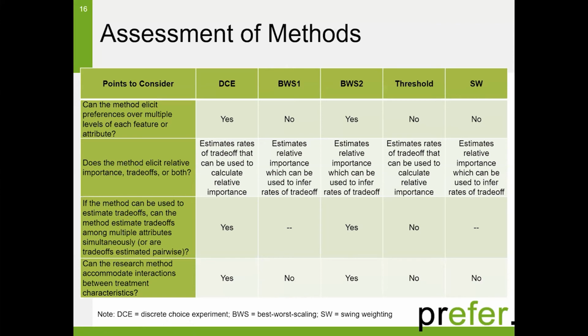So on the one hand, it appears to provide estimates of relative importance rather than trade-offs, like best-worst scaling case 1, but it does so more. It does allow for multiple levels or a set of attributes simultaneously, like a DCE. So this one is a little unique. And finally, because they consider simultaneous trade-offs among a set of attributes, discrete choice experiments and best-worst scaling 2 can easily account for interaction effects, while the other methods cannot.